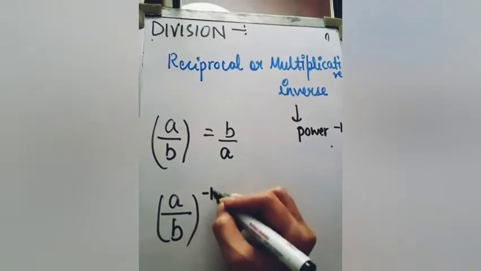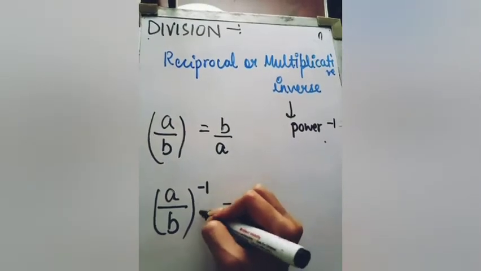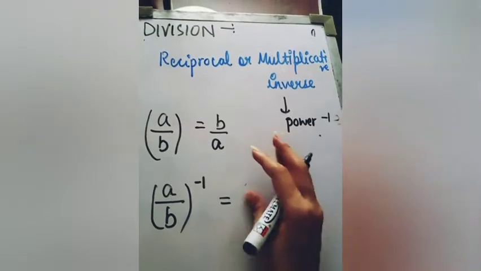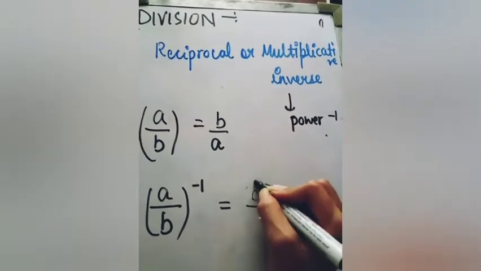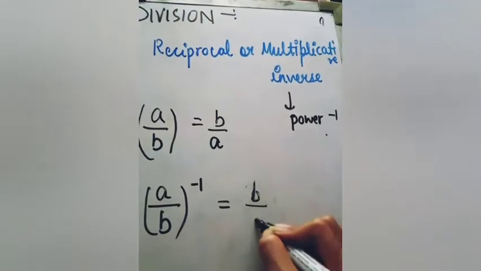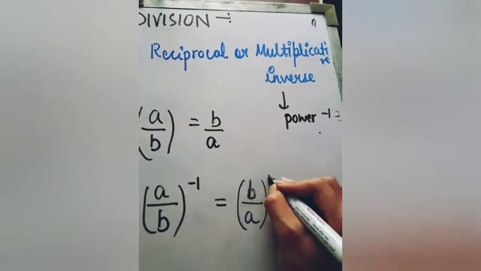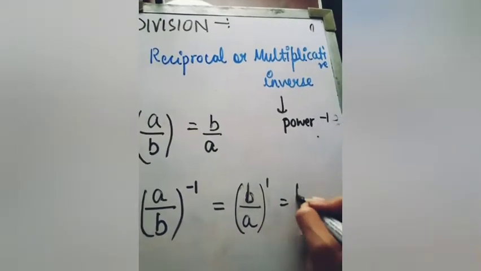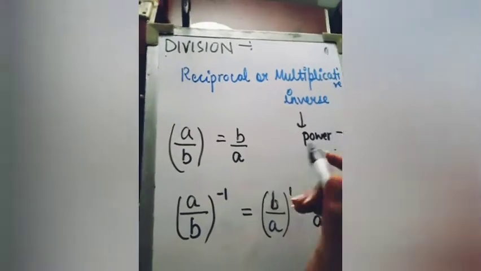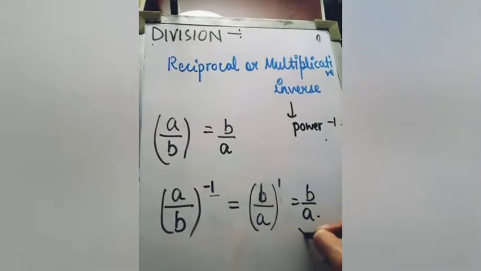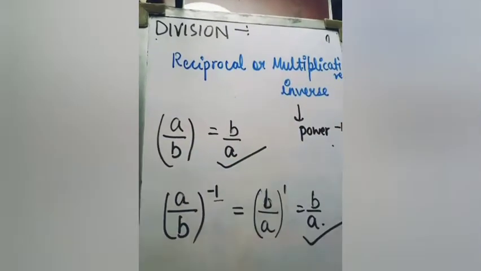When we have a power in negative, we do the reciprocal of the number to make the power positive. Its power is 1, so we can write it as b upon a. So the multiplicative inverse, power minus 1, solves to the same thing: the reciprocal.